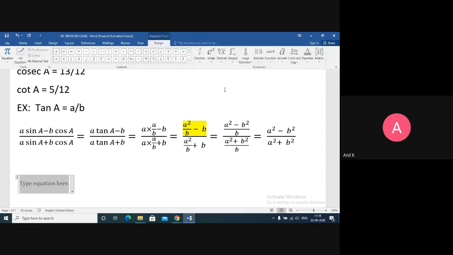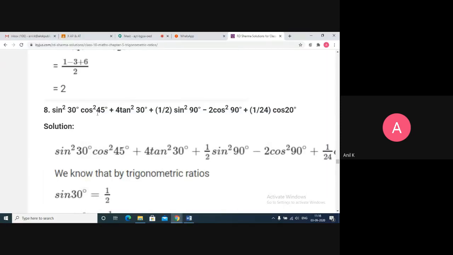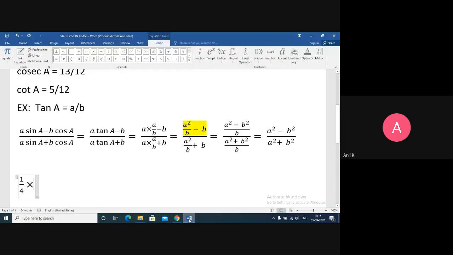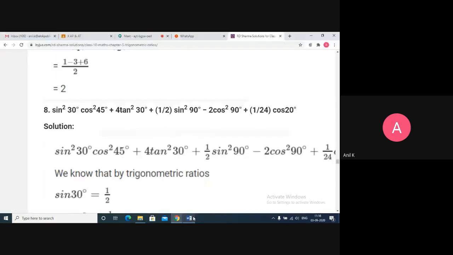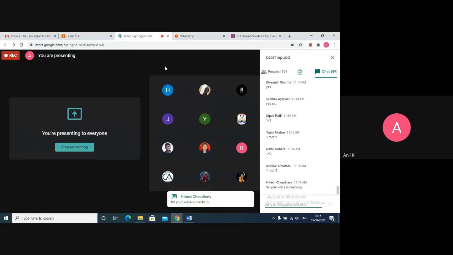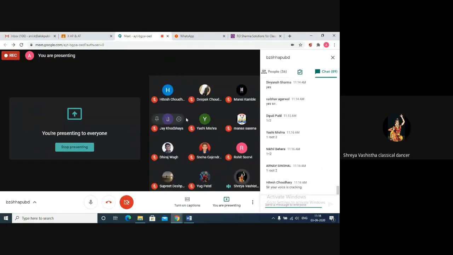1 by 2 whole square is 1 by 4 multiplied by, what is the next term, cos square 45. Cos 45 is 1 by root 2. 1 by root 2 whole square is 1 by 2. Then plus 4 times tan square 30. Tan 30. Anyone can give me tan 30 value? 1 by root 3.